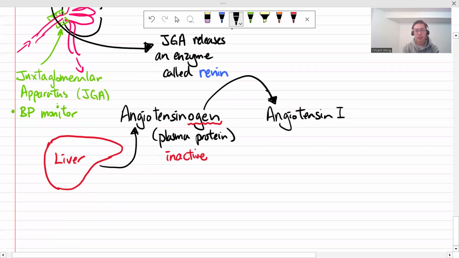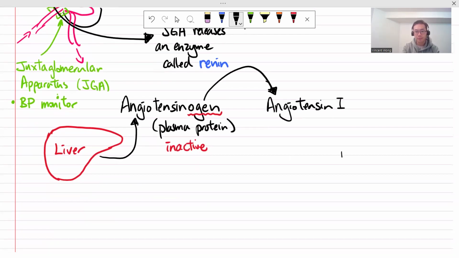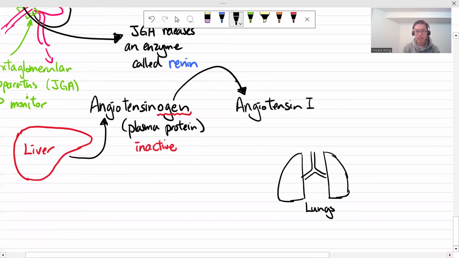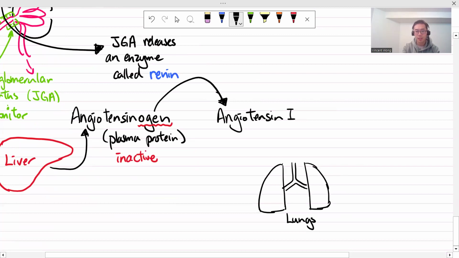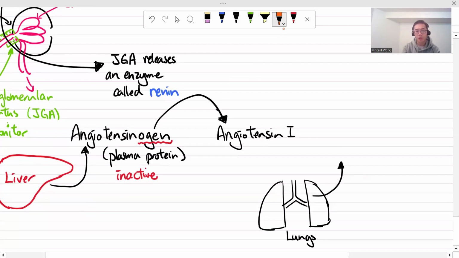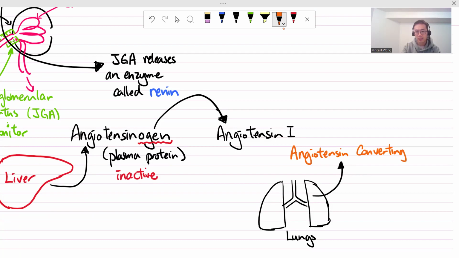Okay, we're going to have another organ here. This one I'm sure you know. The lungs. Of all places, the lungs. The lungs are going to produce another enzyme. And this other enzyme is called angiotensin converting enzyme, or ACE for short.